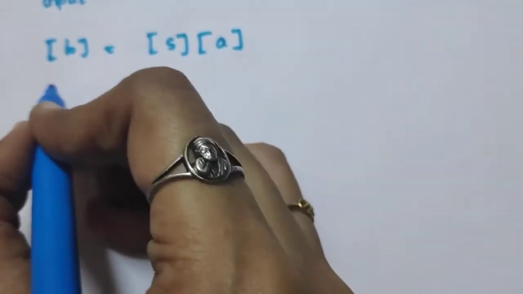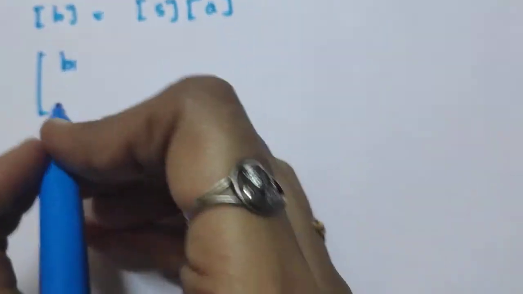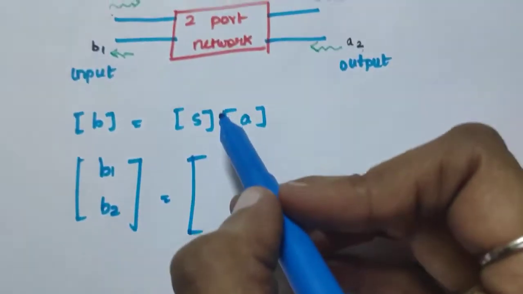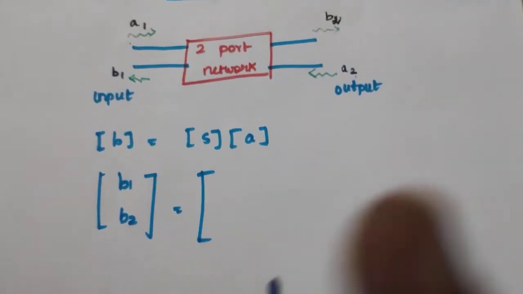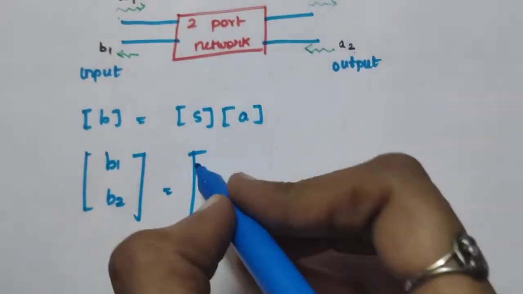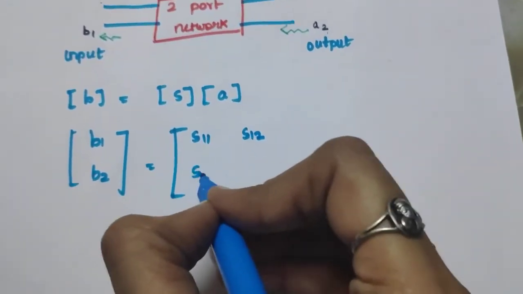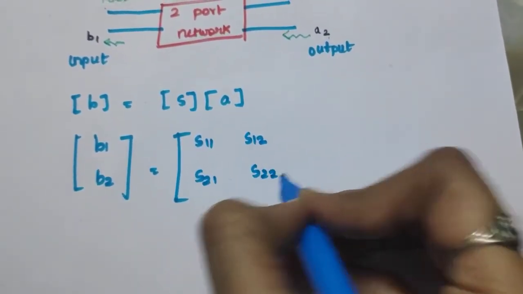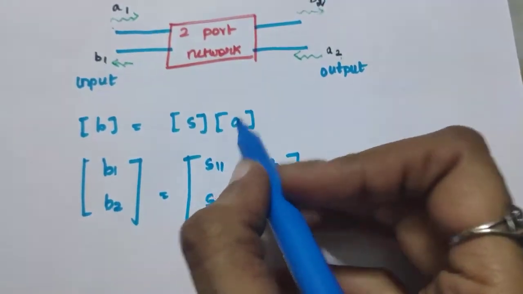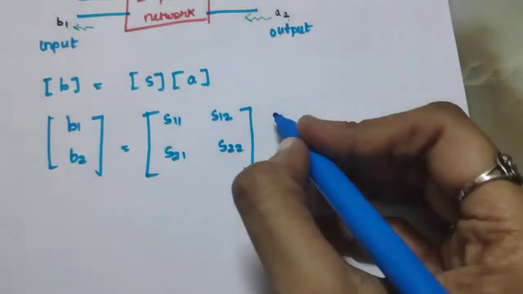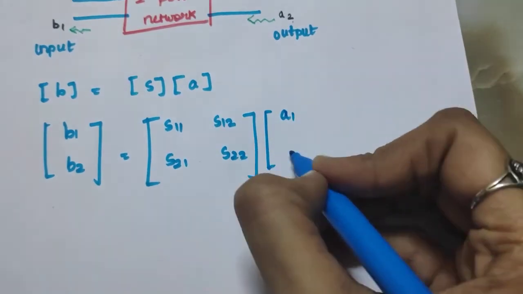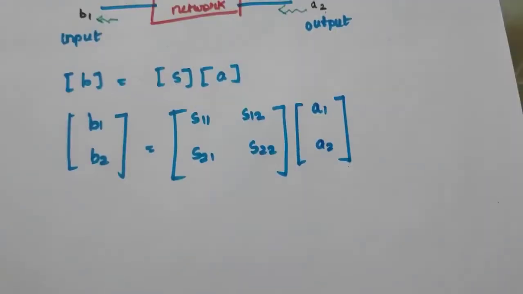If we consider this two-port network, there are two reflected waves, B1 and B2, so this matrix will be written as B1, B2. And how many S parameters do we have for a two-port network? We have in total 4 S parameters, so I'm going to write them as S11, S12, S21, S22. And how many incident waves do we have? It is A1 and A2, so this will be written as A1, A2.